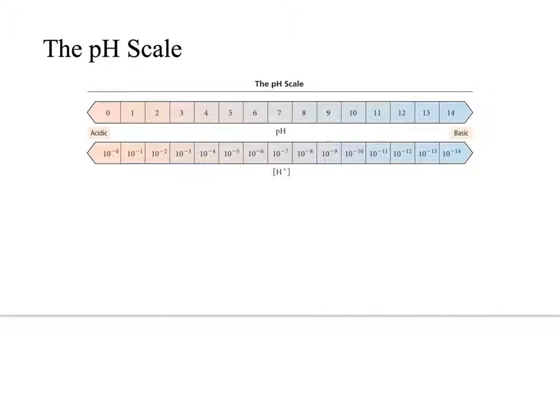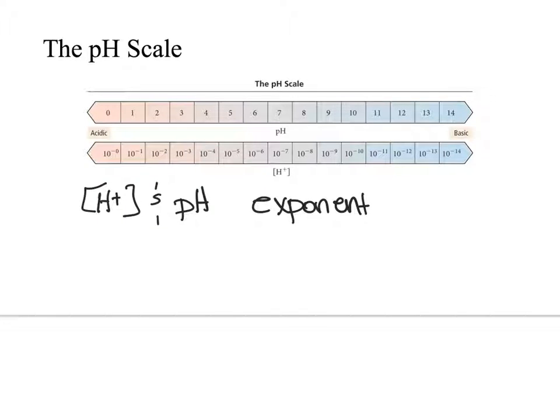In this particular slide, we look at the relationship between hydronium ion concentration and pH. I've made mention in a previous presentation that we look at the exponent of the hydronium concentration to give us an idea of pH.